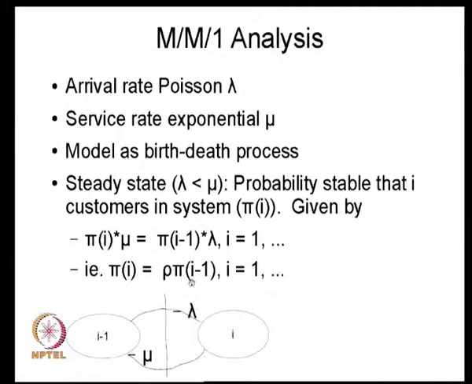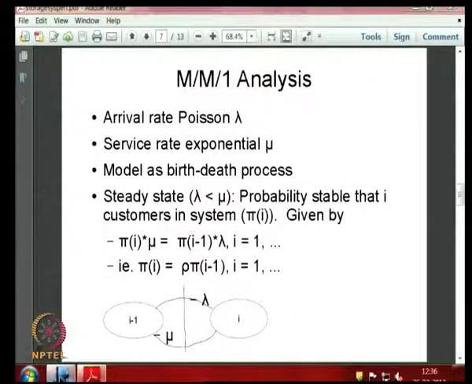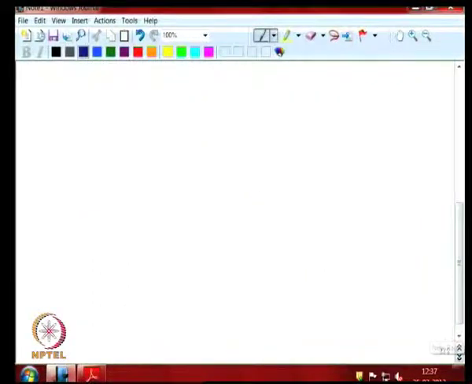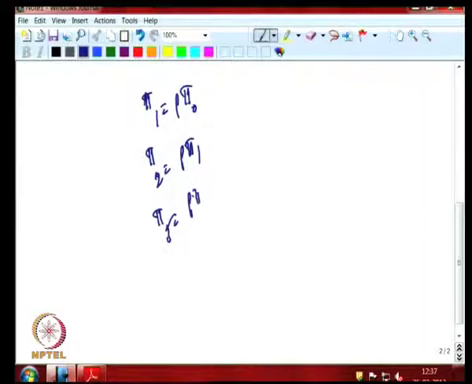Okay, so essentially you will get something like this: pi 1 equals rho times pi 0, pi 2 will be rho times pi 1, pi 3 will be rho times pi 2, etc. So if you just keep substituting, for example, pi 2 will be rho times rho times pi 0, really rho square pi 0.